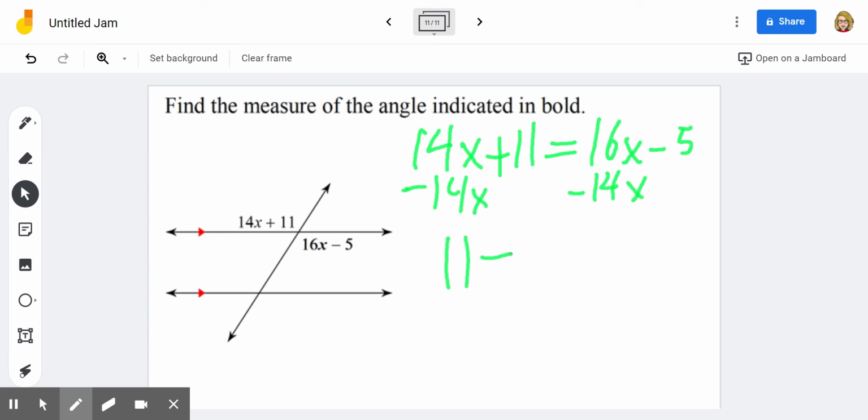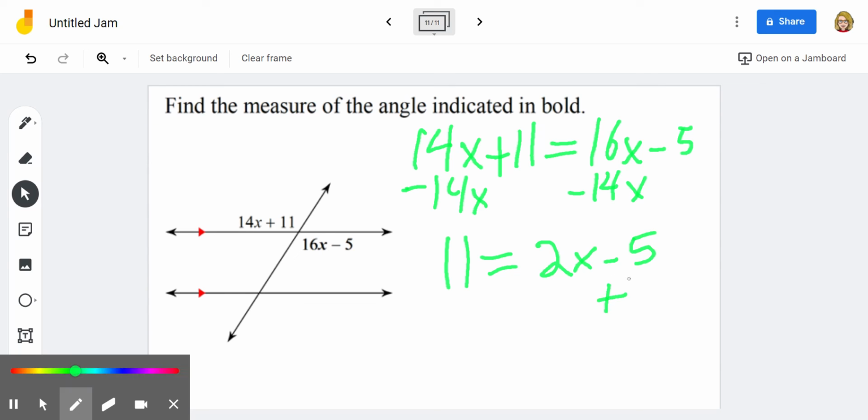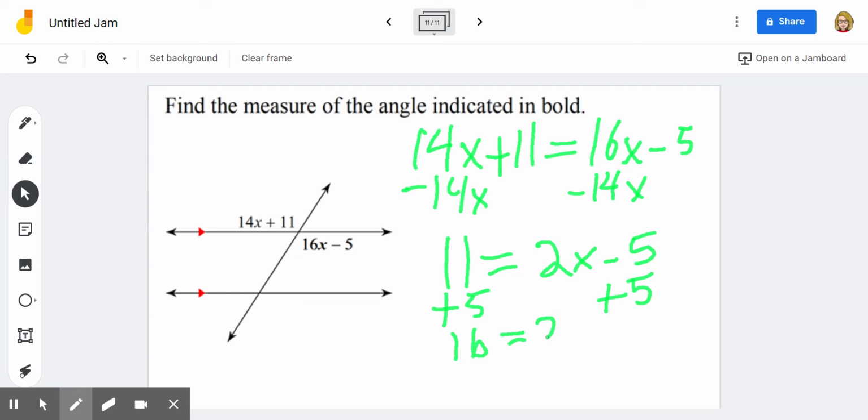So 11 is equal to 2x minus 5. Add 5. 16 is equal to 2x, divided by 2. X equals 8.